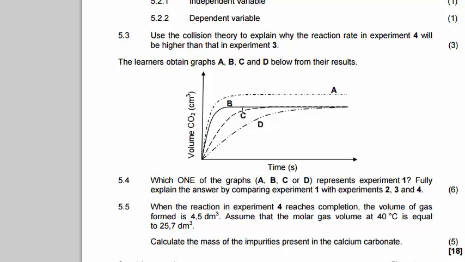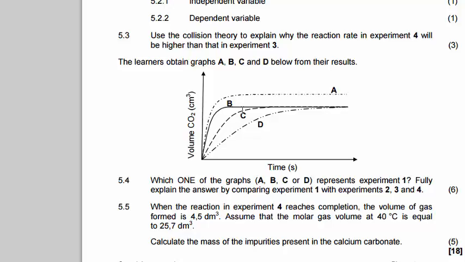We have volume, but we can't do calculations on volume. So I'll use my volume to go calculate how many moles. They give me the volume of carbon dioxide produced. So I can go and work out the moles of carbon dioxide produced, not calcium carbonate.